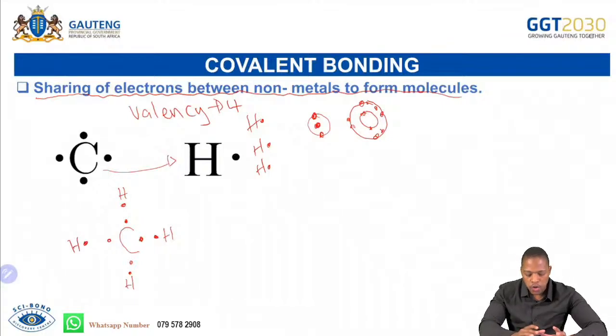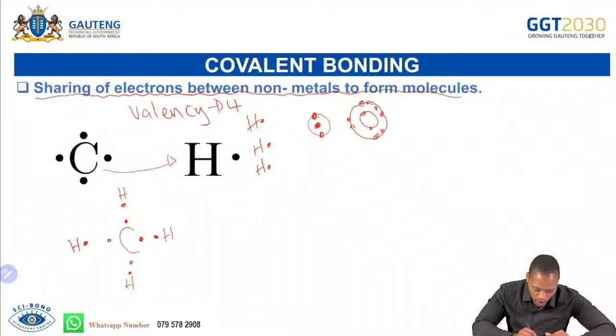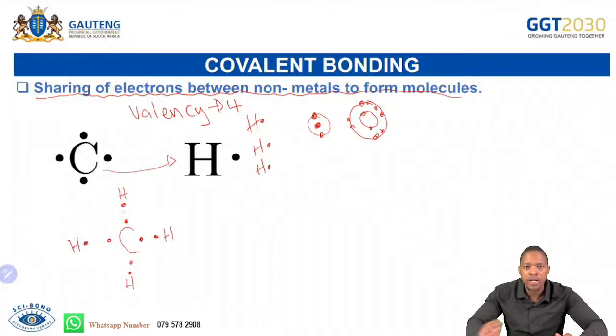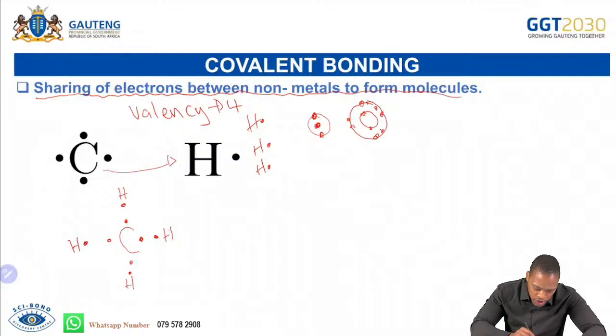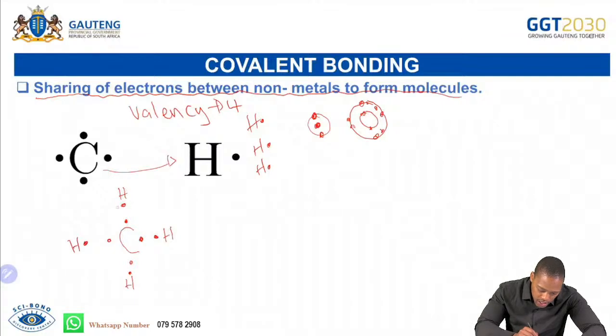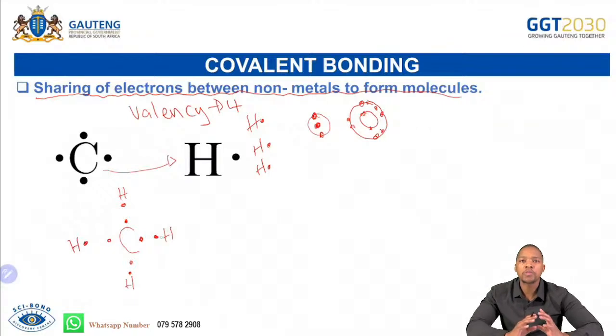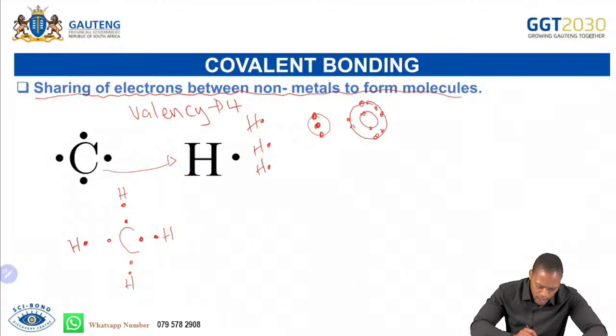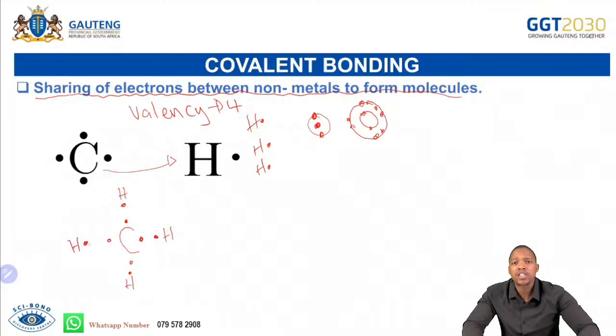So these electrons are now shared, meaning that carbon has access to all of these electrons. This hydrogen has access to these 2 electrons. This hydrogen has access to these 2 electrons. Once this hydrogen has access to these electrons, it becomes inert, because its outermost shell is going to have 2 electrons. This one has access, this one has access, this one has access.